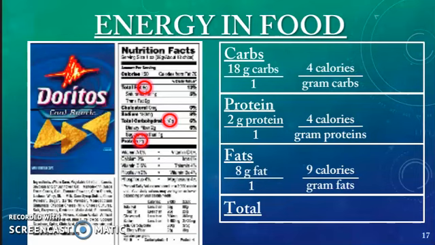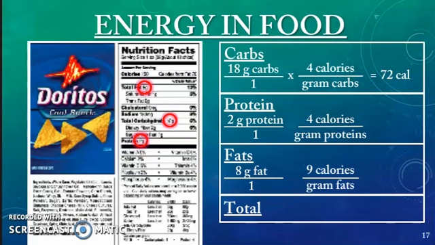Now, if we do the math, we multiply 18 times 4, and remember the way we did this before, we put our known values over 1, so we could keep that on the numerator, and then cancel out our grams of carbs on the numerator and the denominator. I forgot to do that here, but you'll understand.